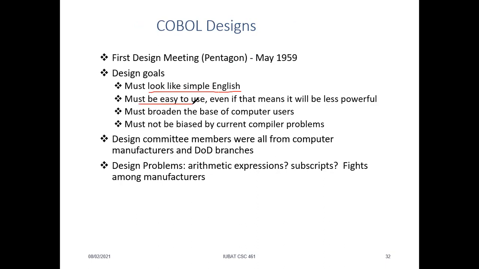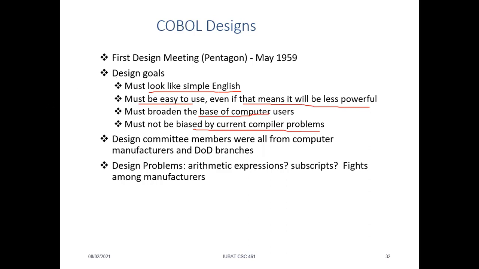It must be easy to use, even if it means it will be less powerful. It must broaden the base of computer users. And finally, it must not be biased by current compiler problems.